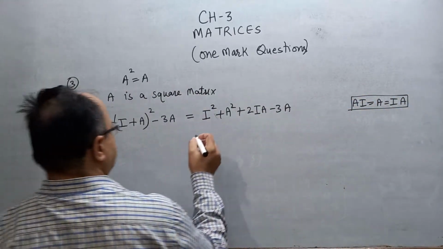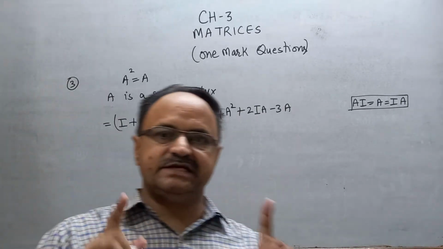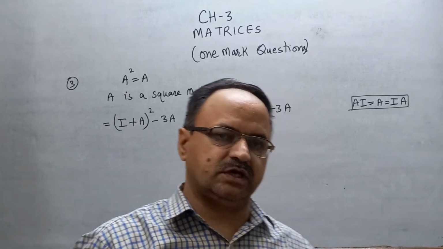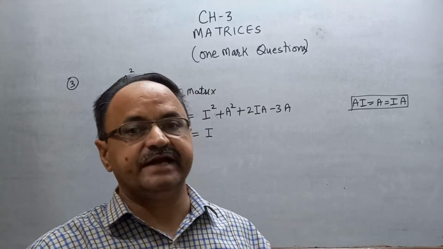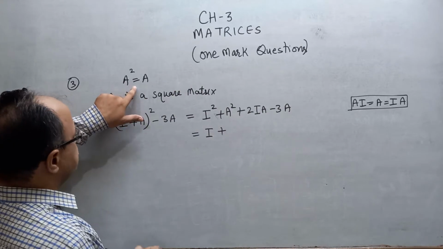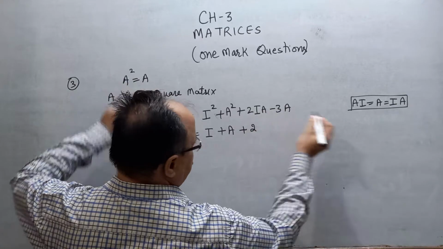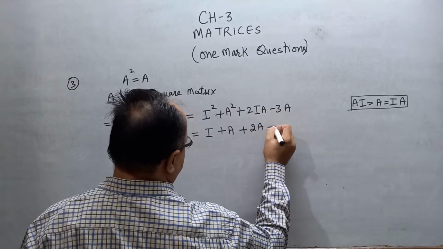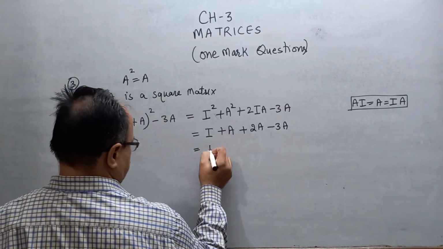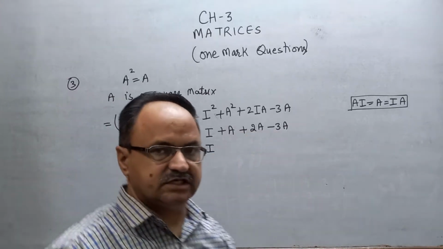According to this property, I square, when you multiply identity matrix I into I, that is also I, the unit matrix. And A square is given equal to A, and in place of 2AI you can write 2A, minus 3A. Therefore, you can say I is the answer. 3A minus 3A cancel. Correct?